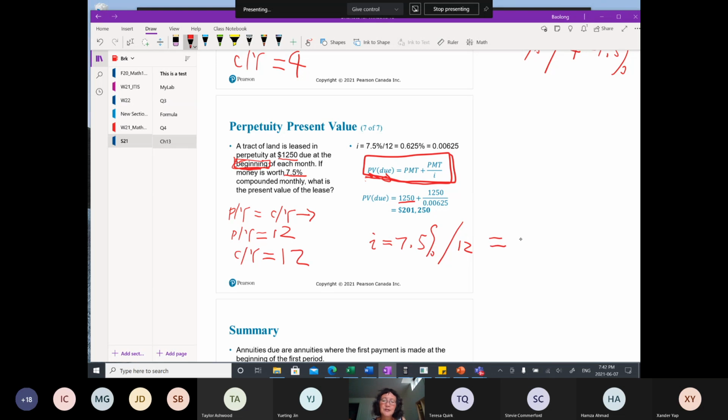You get 0.625%. This is I, and you get the final answer for present value. Any questions?